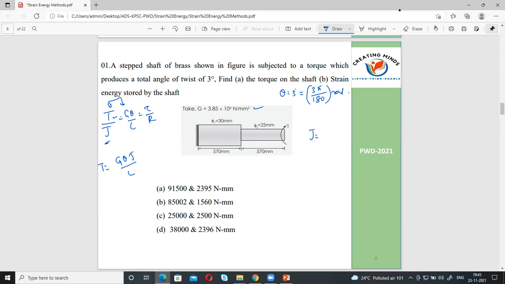Now for the first member. G is the same, 3.85 into 10 power 4. Theta is 3 pi by 180. J, what is J?